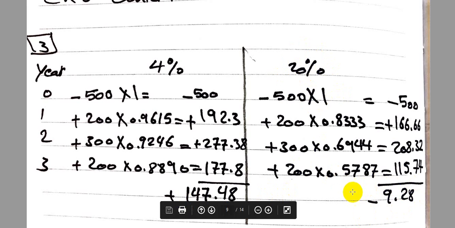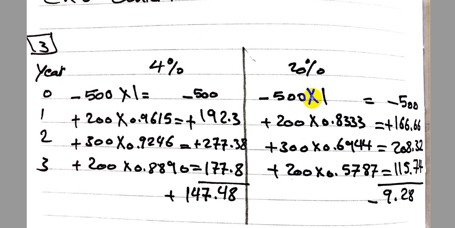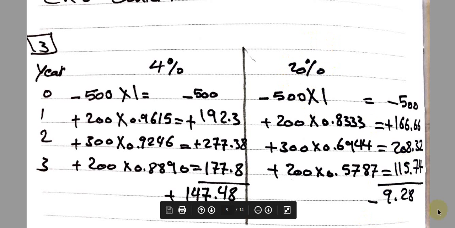You might find this negative sign each time you get some present value of outflows minus inflows for a 20% discount rate. Don't get terrified when you see this negative sign.